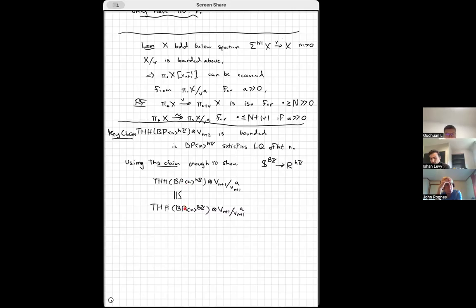And so all of these things have an action of THH of the sphere to the BZ, which is what we studied in the second lecture. So we actually want this isomorphism as modules over this ring, in cyclotomic spectra.